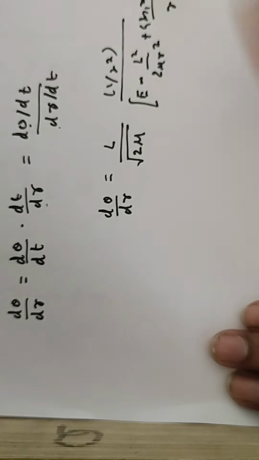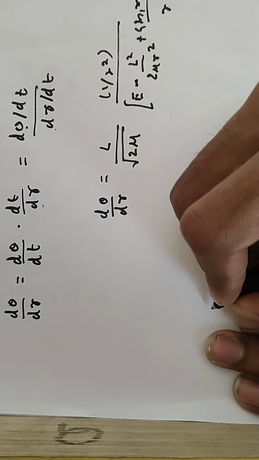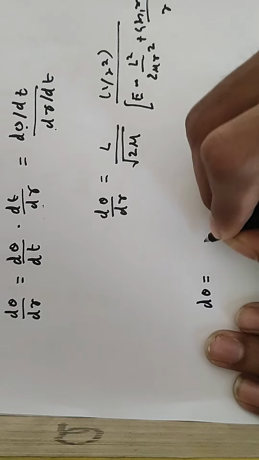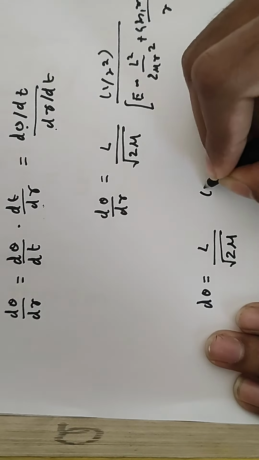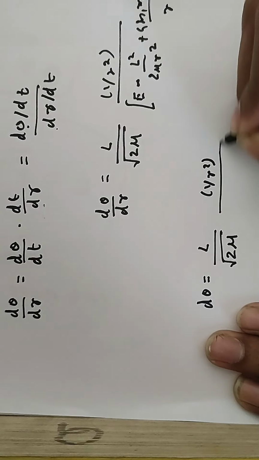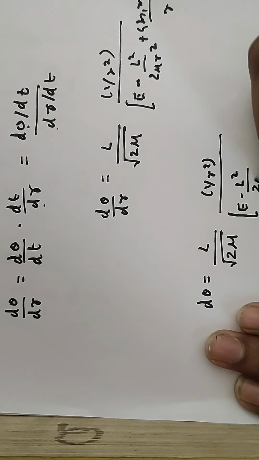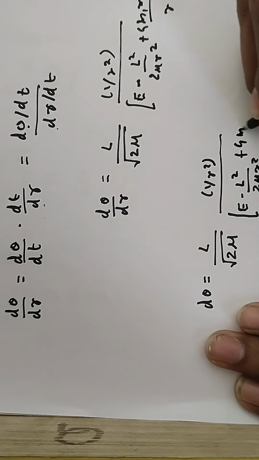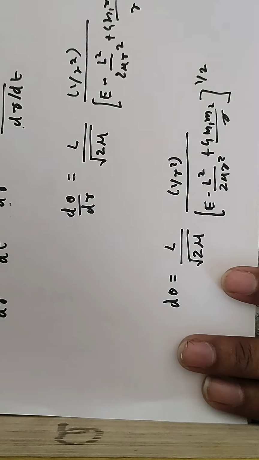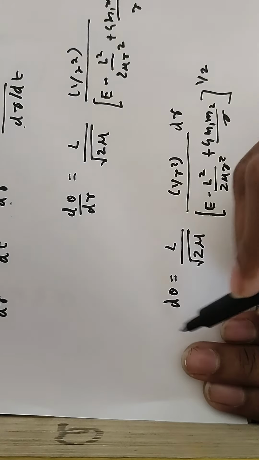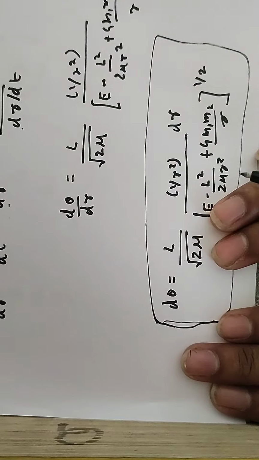Let me write it neatly. I will take this dr to the right hand side: d theta is equal to L upon under root 2 mu, 1 upon r square, and we have this term, E minus L square upon 2 mu r square plus G m1 m2 upon r, and dr. So we got our differential equation.